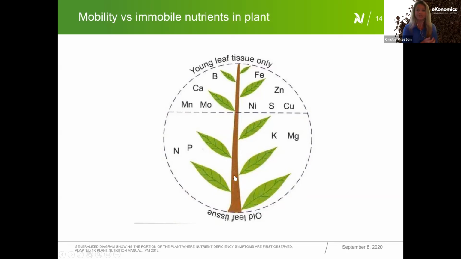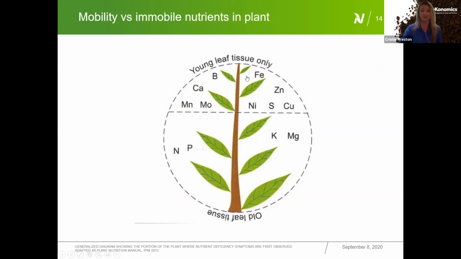On the other hand, if you see nutrient deficiency symptoms in the younger portions of the leaves, that means it's an immobile nutrient within the plant. It's not being translocated. And so this becomes important because it's almost like the plant needs a steady source of these nutrients because they can't be translocated.